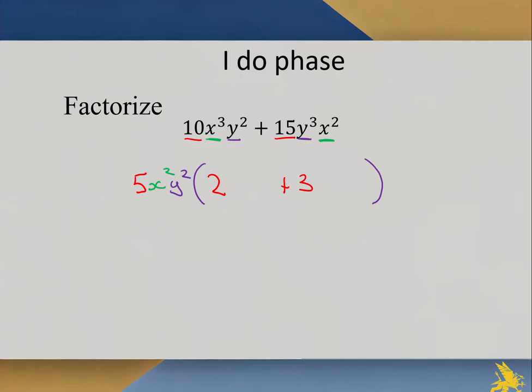My first term needs one more x, because x squared times x is x to the power of 3, and my other term does not need any more x's. Then I look at the y's. My first term has already got 2, but I need one more for my next one. So y squared times y to the power of 3. So in factorized form, that is 5x squared y squared in brackets 2x plus 3y.